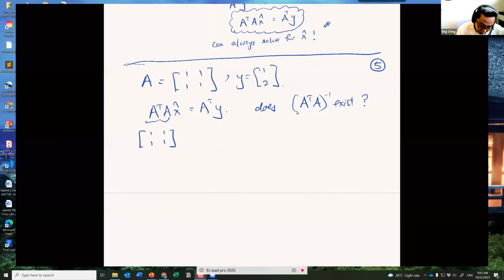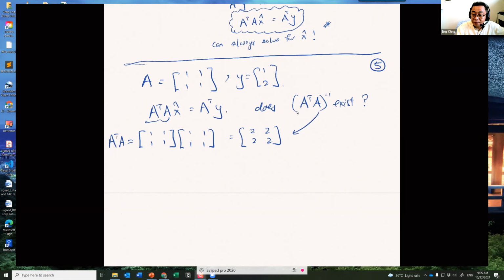This is a very strange matrix because it's all 1, so its transpose looks like itself. So the answer is 2, 2, 2, 2. So this is A transpose A. So the inverse does not exist. All right, never mind. What about A transpose Y?